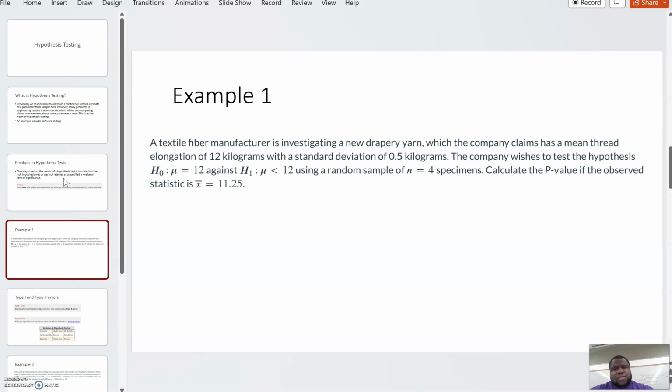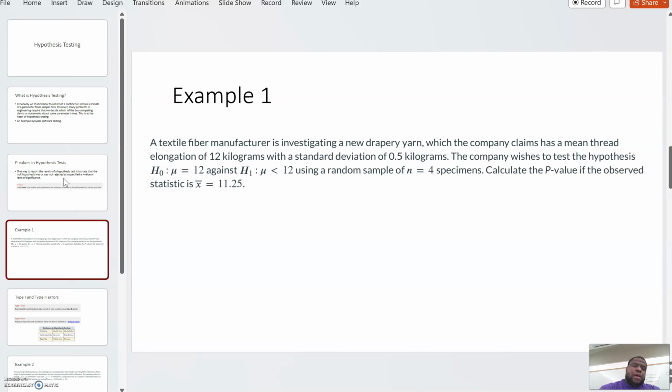The company wishes to test the hypothesis that the mean is 12 against the new hypothesis saying that the mean is actually less than 12. Using a random sample of 4 specimens, we want to calculate the p-value if the observed statistic is a sample mean of 11.25.